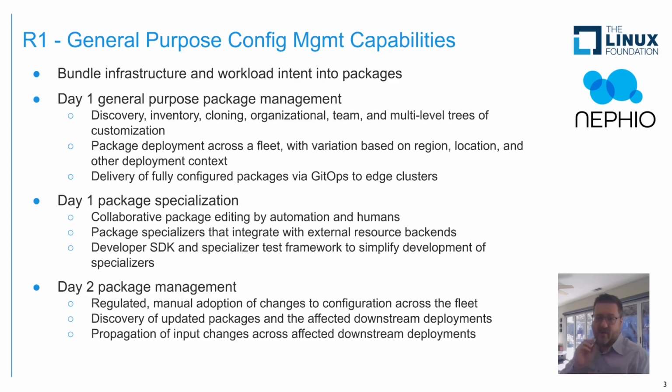They're all bundled into what we call packages, which are really just collections of Kubernetes resources, or at least what we call KRM or Kubernetes resource model entities that capture that intent, so machine readable entities.